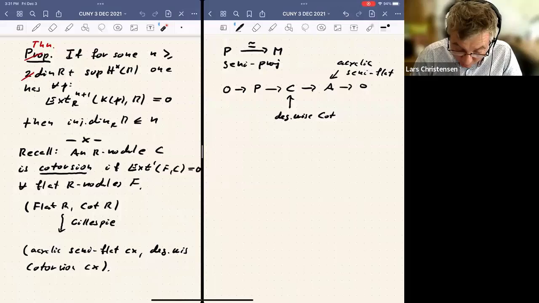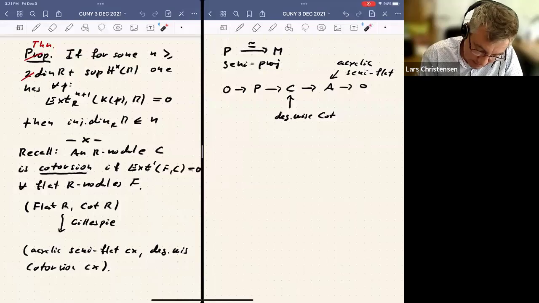Anyway, what this means is that because the P was already a complex of projective modules and the A is an acyclic complex of flat modules, that thing in the middle here, which is degree-wise cotorsion, is actually also semi-flat. So this is what is known as a semi-flat cotorsion replacement of M.